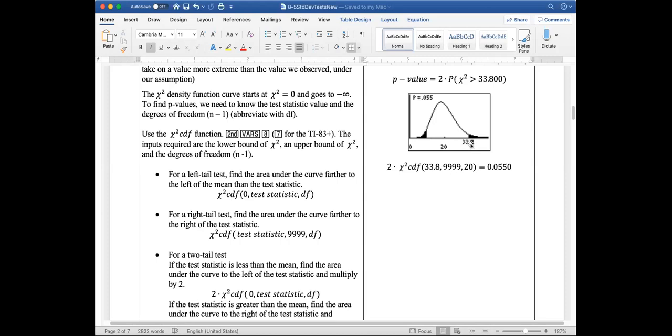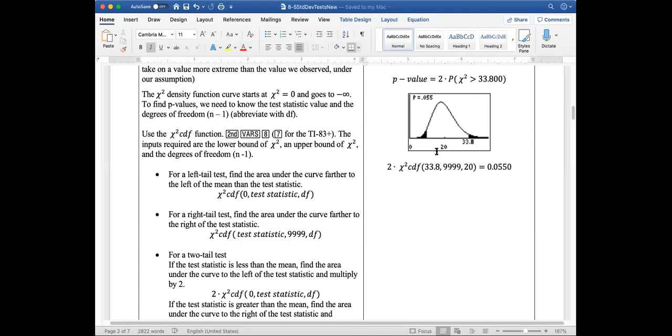So if we're on the right, we'll start at the test statistic and end at a very large positive number. If you're looking on the left, you're going to start at 0 and come up to the test statistic. If you're looking on the right, you're going to start at the test statistic and go to a large positive value. Now, since this is a two-tailed test, we're going to find the area farther from the mean than the test statistic, and then we're going to double that to get the p-value. Once we find the area to the right, in this case, we have to double it to get the p-value.